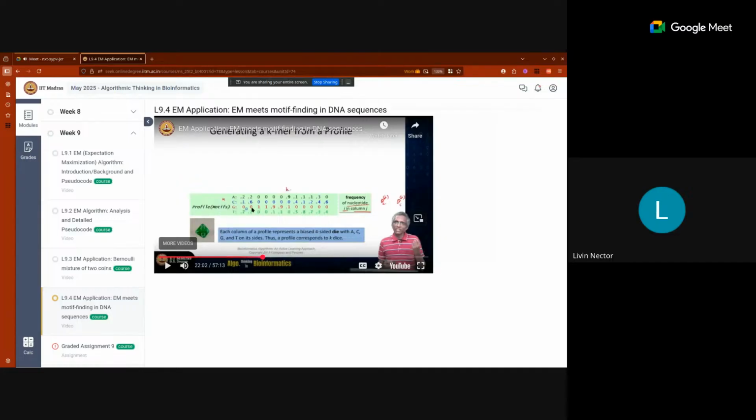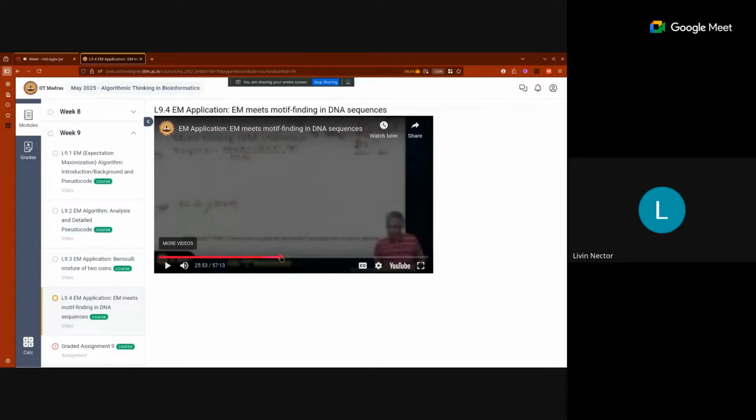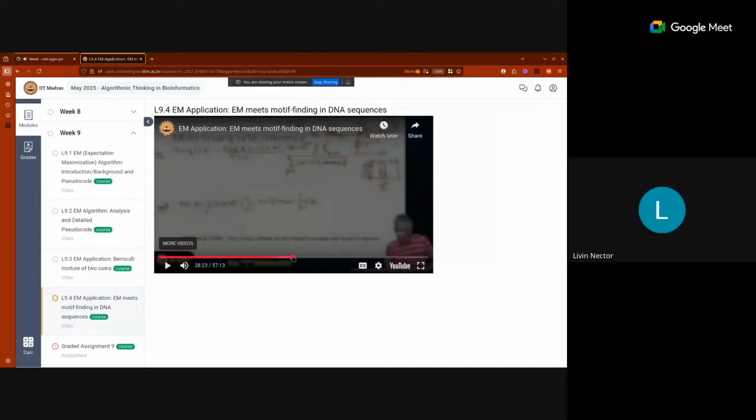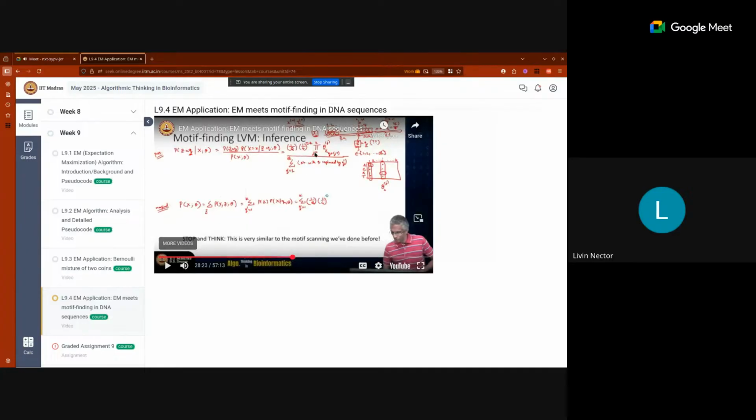So given this profile, we are trying to find the values in this whole table given the sequences. We have the sequences, and we are trying to find this. And you can see here, instead of a Bernoulli, since there are 4 values, it becomes like a categorical distribution.